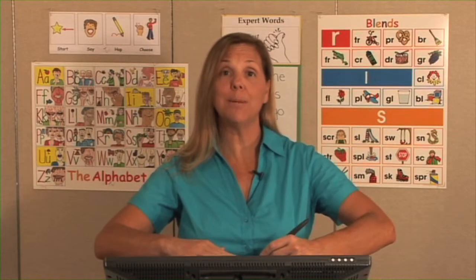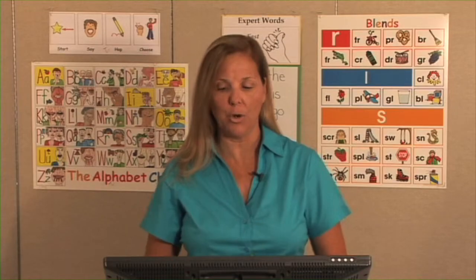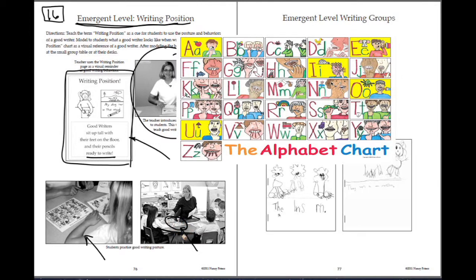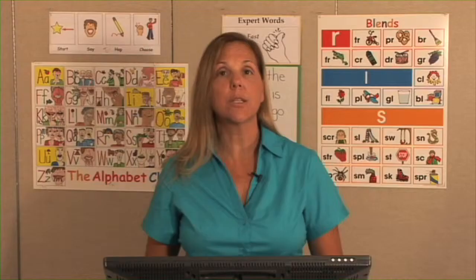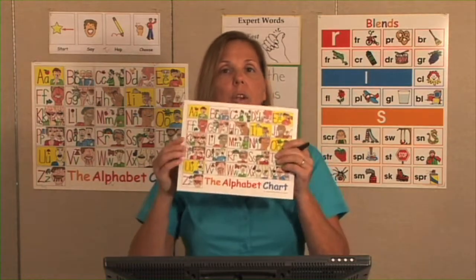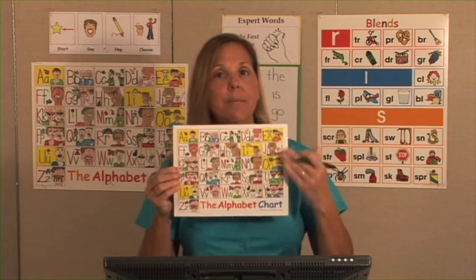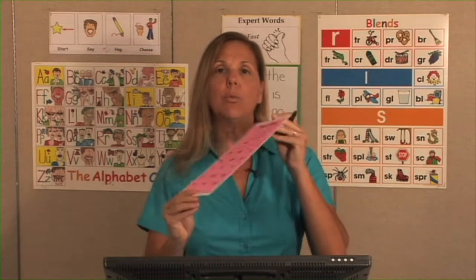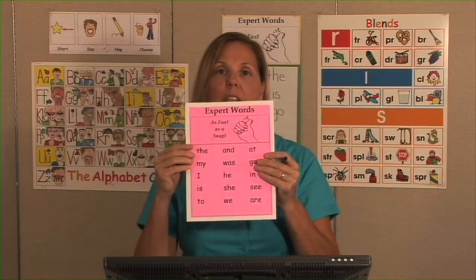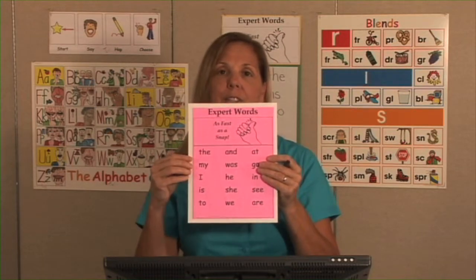Once they're sitting in writing position, how do we start this group? Well, first of all, you're going to hand them at the table. Each child is going to have an ABC chart so that you can use that as a reference. This ABC chart is going to have the ABCs on one side, and then on the reverse side are going to be the high frequency words that they can find in order to write in their sentence.